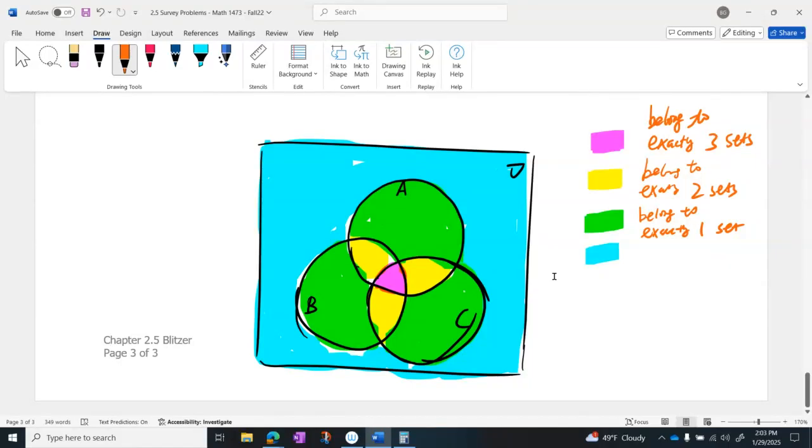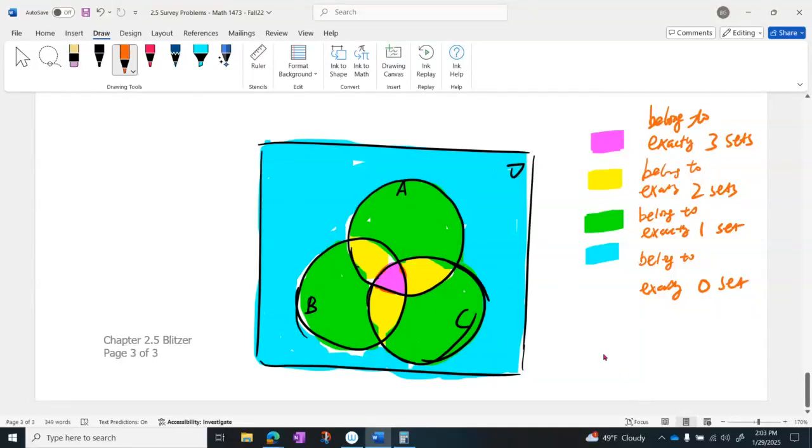This region's elements only belong to A, not B or C. This part only belongs to B. And the elements in this part only belong to C, exactly 1. And the blue region, outside the 3 circles, inside the universal set, those elements belong to exactly, not 4, 0. Yeah, 3, 2, 1, 0. They belong to none of the 3 sets.